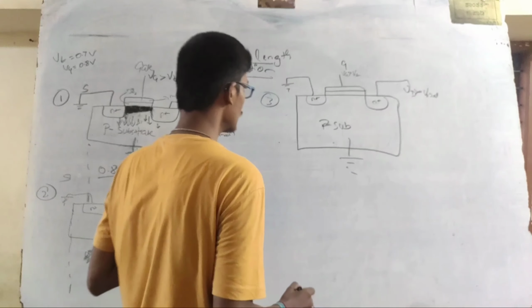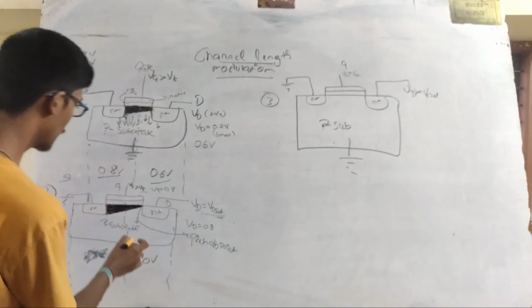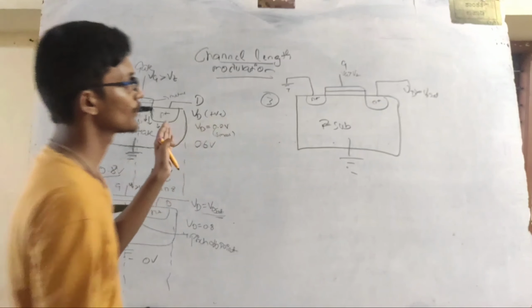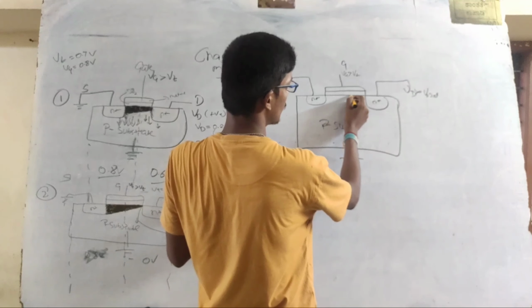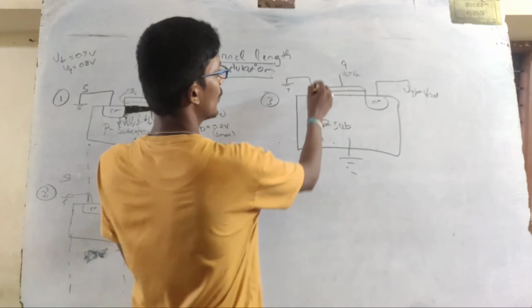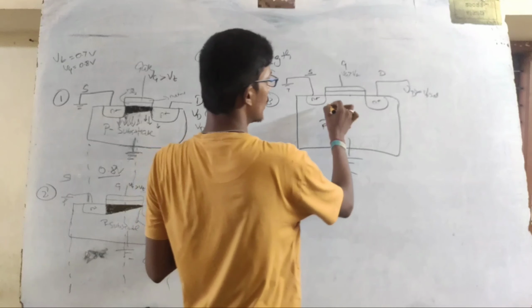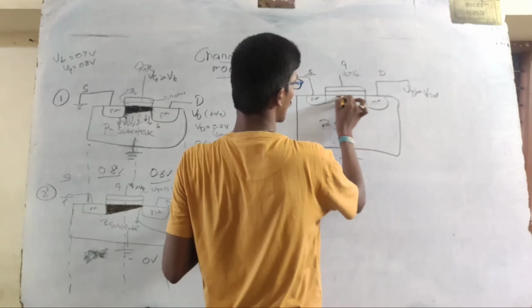I'll apply. So in this case, what will happen is the pinch off point which is near the drain terminal shifts somewhere, for example, say here. Okay, it shifts towards the left side, or we can say it shifts towards the source terminal. Okay, my channel looks like this.